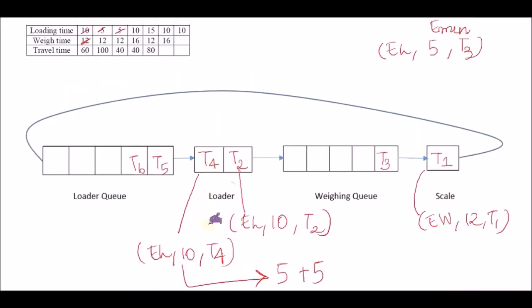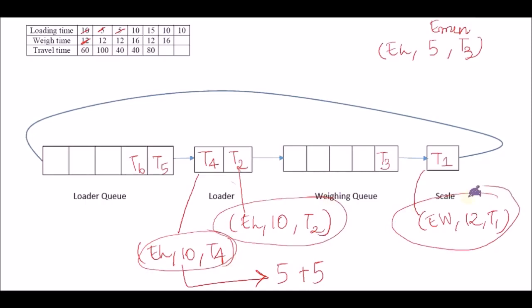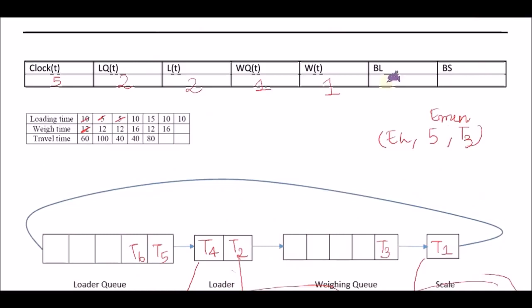So now we have 3 events. So basically we have this, and we have this. Now, the thing that we left out was BL and BS. So BL is how much time is spent in the loader, and BS is how much time is spent in the scale. So from time 0 to 5, was the scale busy and were the loaders busy?